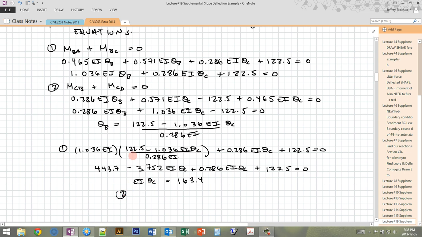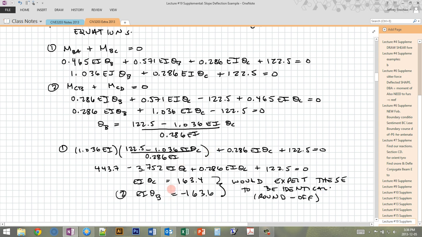So I sub this value back into the equation for theta B here, and I get EI theta B is equal to negative 163.6.